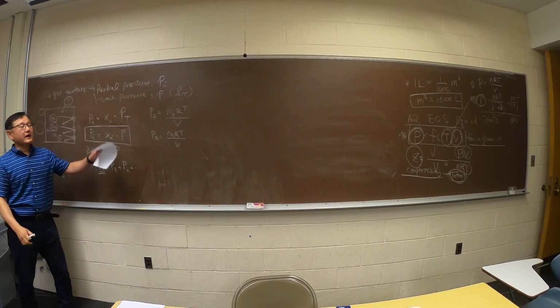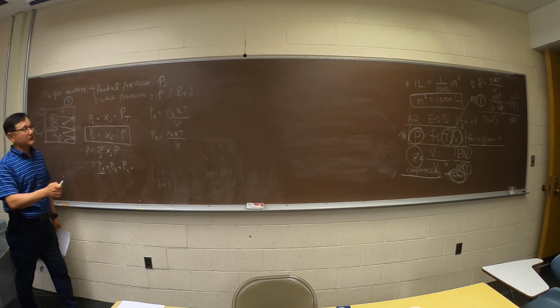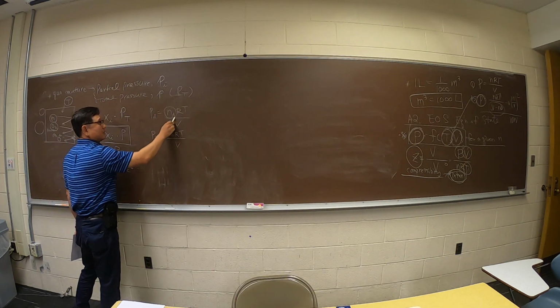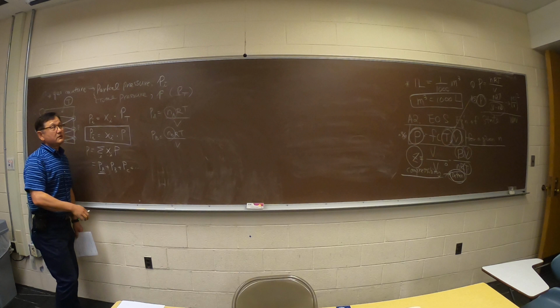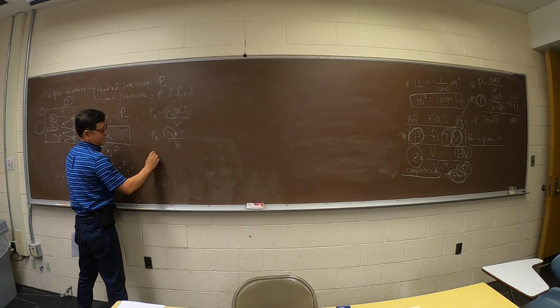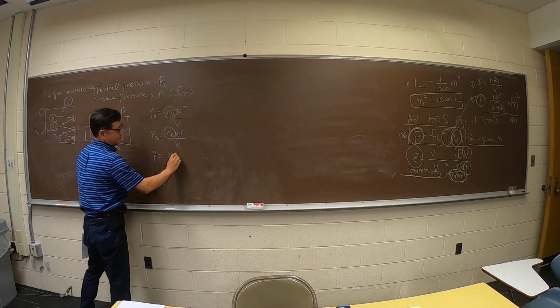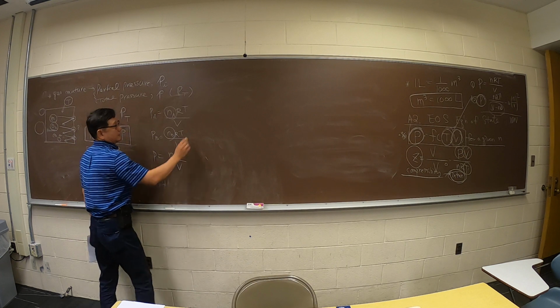So regardless of the chemical species that you're dealing with, all you need is to count the number of gas molecules, and then you will get the same answer. So the total volume, it's just repeating the same.